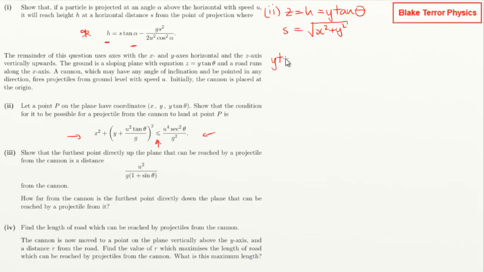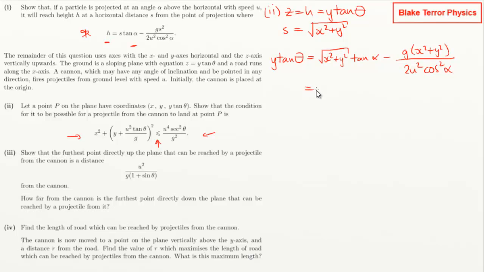So I've got y tan theta, that's h, is the square root of x squared plus y squared times tan alpha minus g s squared, so that's g times x squared plus y squared over 2u squared cos squared alpha. Right, so the tan alpha is going to be harder to change. It's going to be the cos squared, so that's a sec squared. So I can use the relationships here. So a sec squared is 1 plus tan squared.